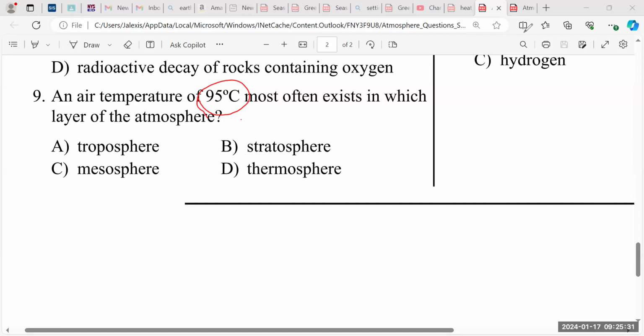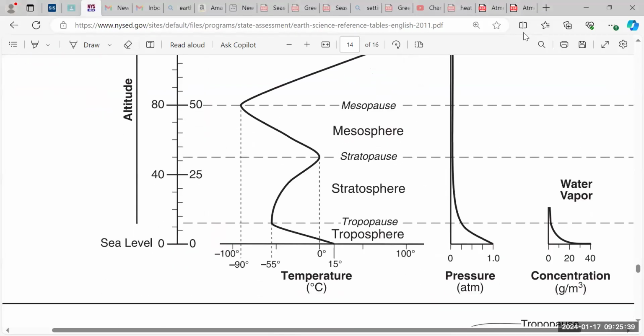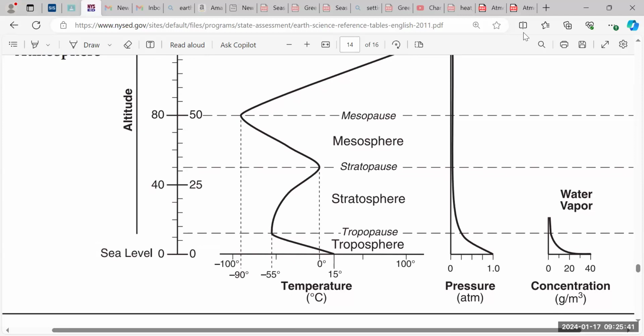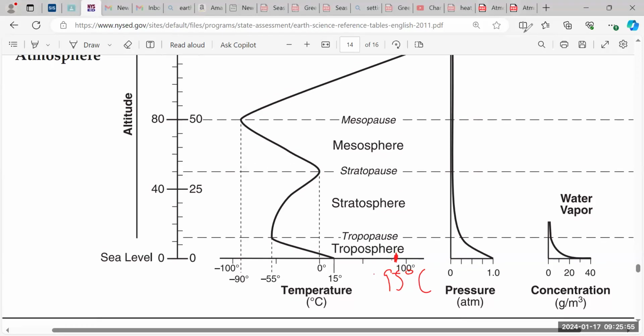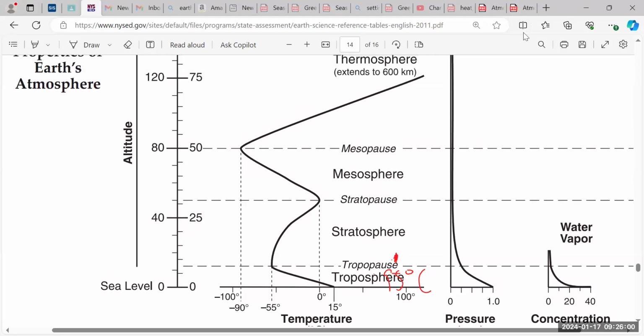So I'm going to go to my reference tables and look for 95 degrees Celsius. It looks like it would be somewhere right around here, very close to 100. So I'm going to move my finger up. Because 95 degrees Celsius is right here.